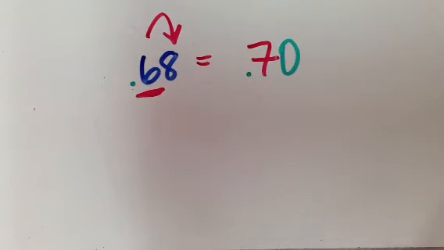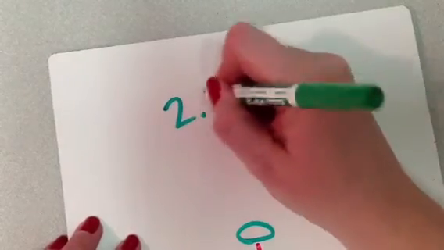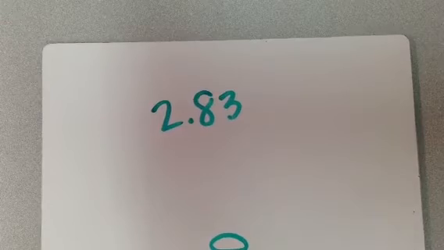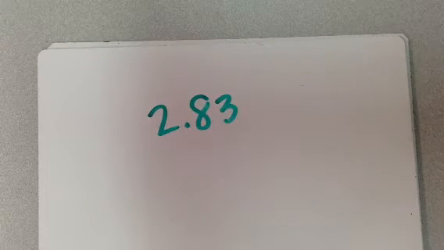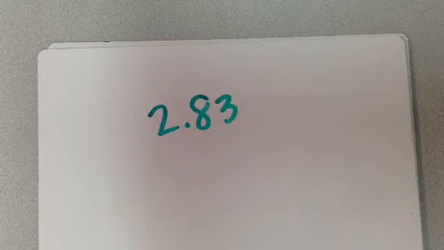Let's look at another example of this. I want to round 2 and 83 hundredths to the nearest tenth place. Where is my tenths place?